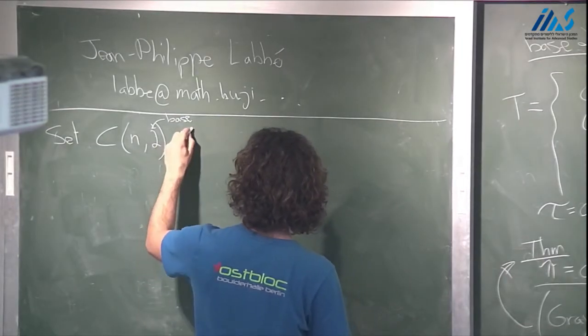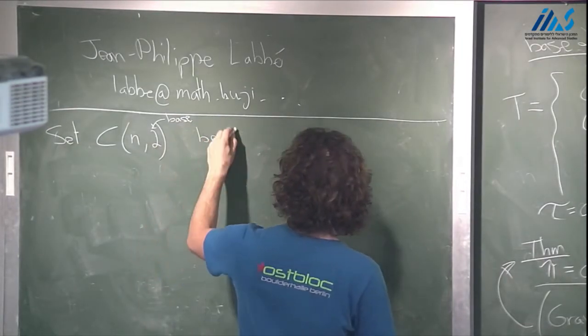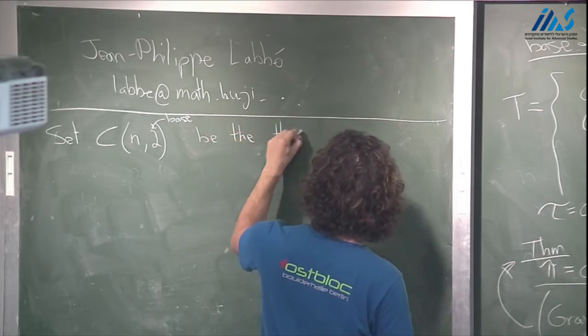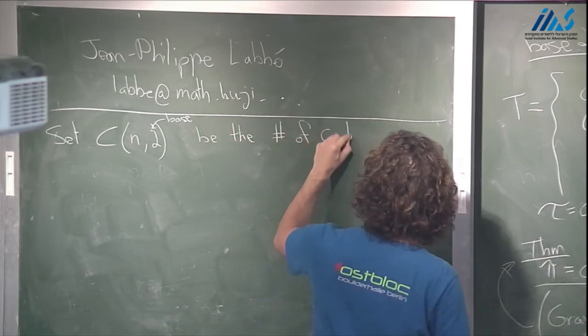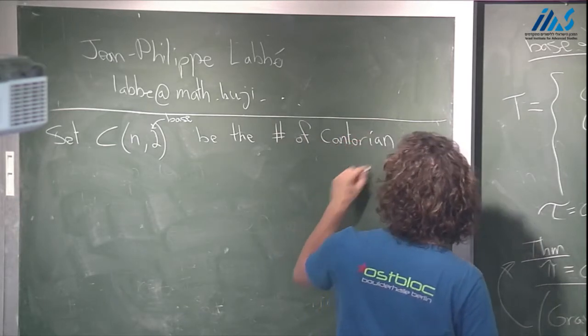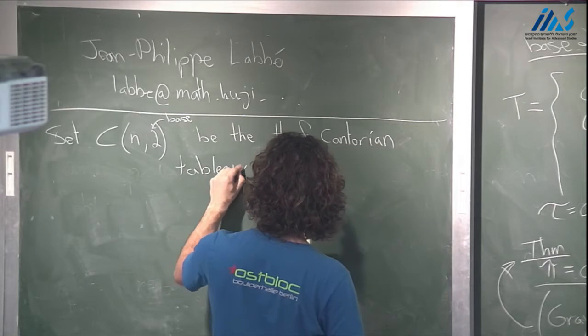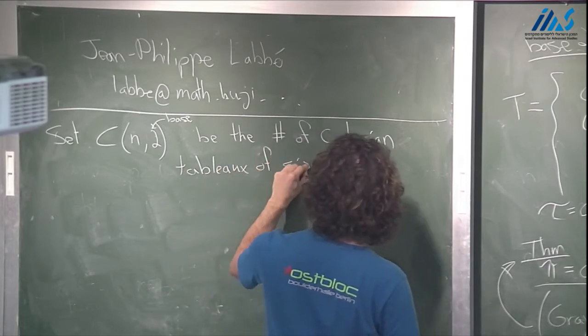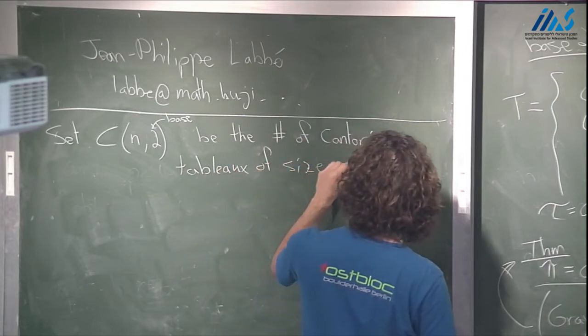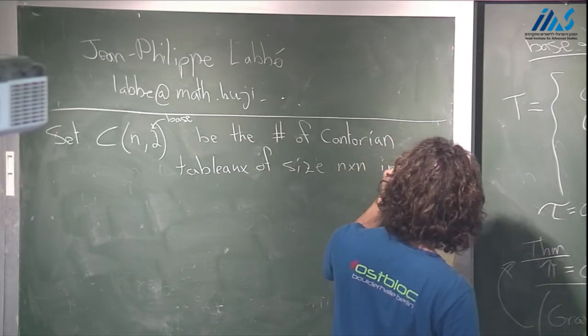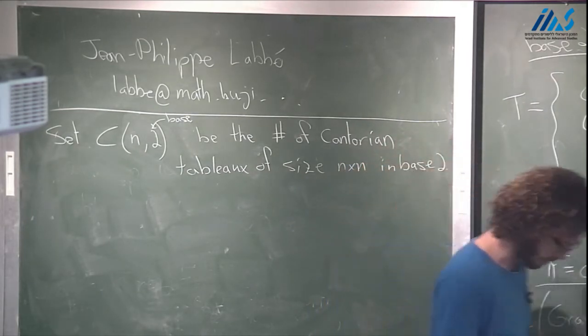So set this to be the number of Cantorian tableaus of size n times n in base 2.